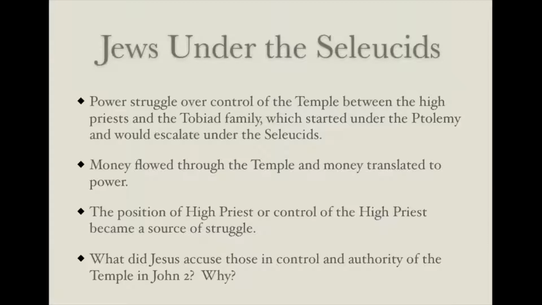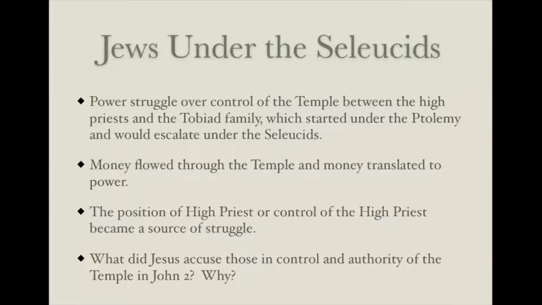Yeah, very good. So, as you see, this continues on in the New Testament, right? The whole control of the temple and what the people were doing, using the sacrificing for atoning sins as a way of making money, right?